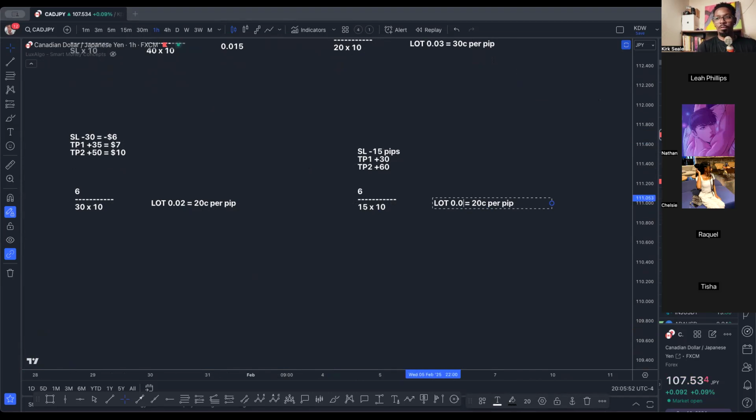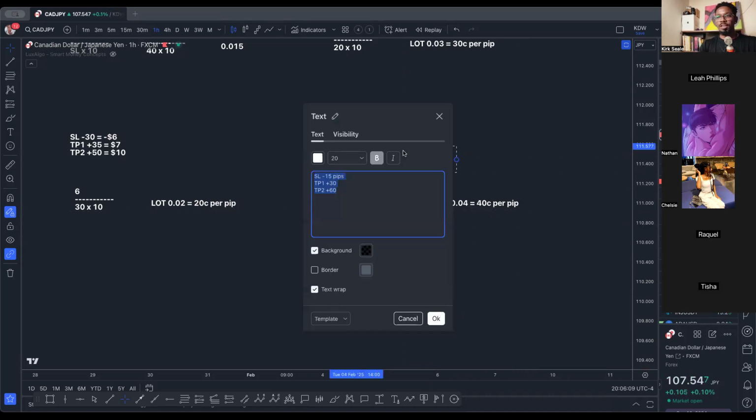Yeah, 0.04. All right. And 0.04 in cents is equal to what? 40 cents. Perfect. So 40 cents, your stop loss, right? Is still going to be equal to minus $6.